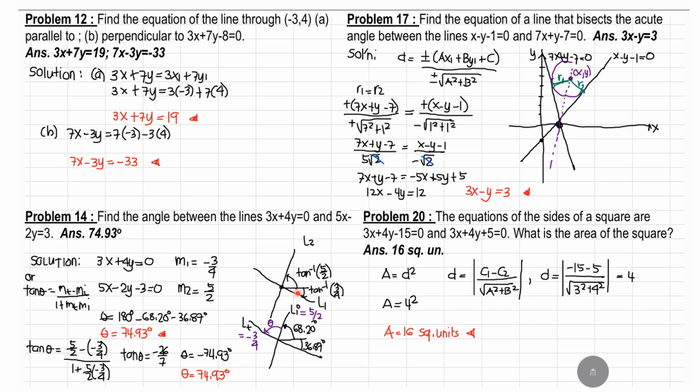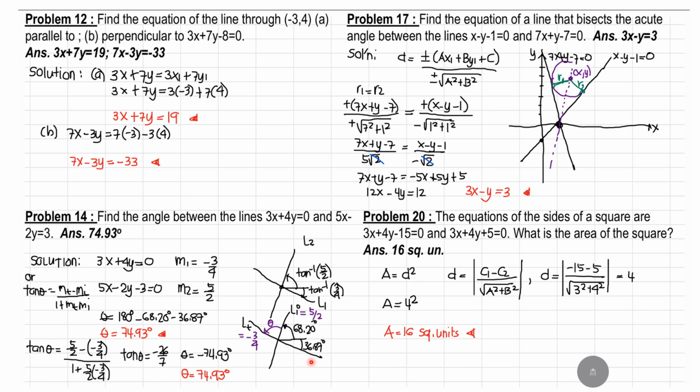Remember that the angle any line makes with the positive x-axis is equal to the inverse tangent of the slope. If the answer is negative, it means it's clockwise. This one is clockwise because the slope is negative 3/4. That's why I just make it positive but in the clockwise direction.